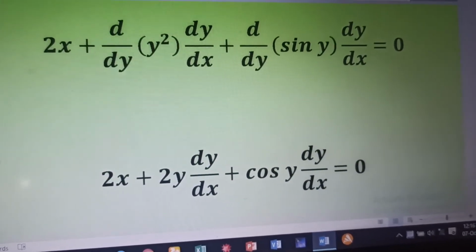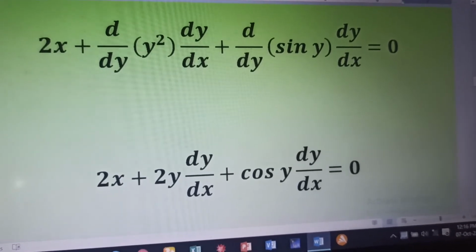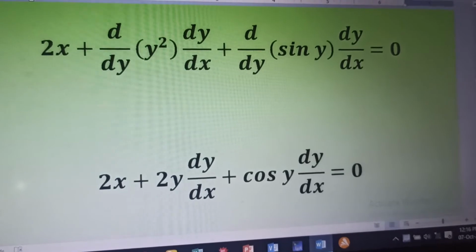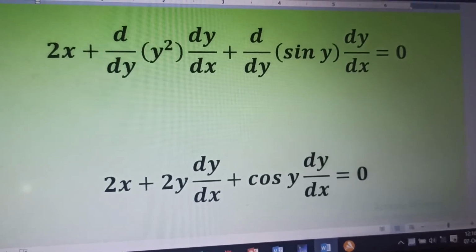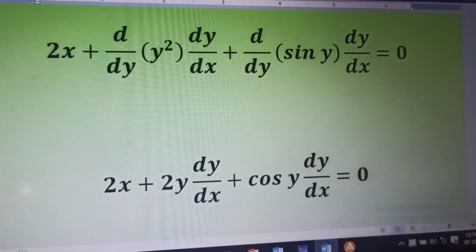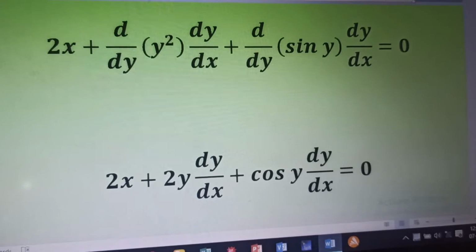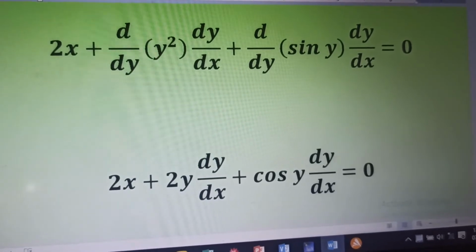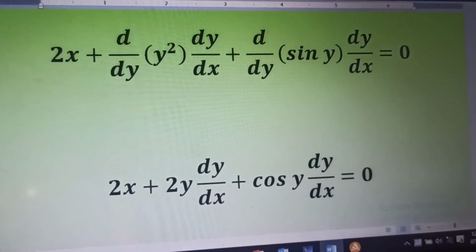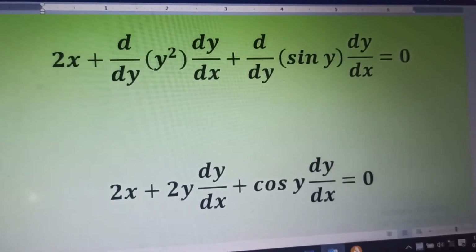So we will now have 2x plus, if we differentiate y squared with respect to y, we will have 2y dy dx plus the derivative of sine y, which is cos y, and we have d dy of sine y dy dx equal to what?